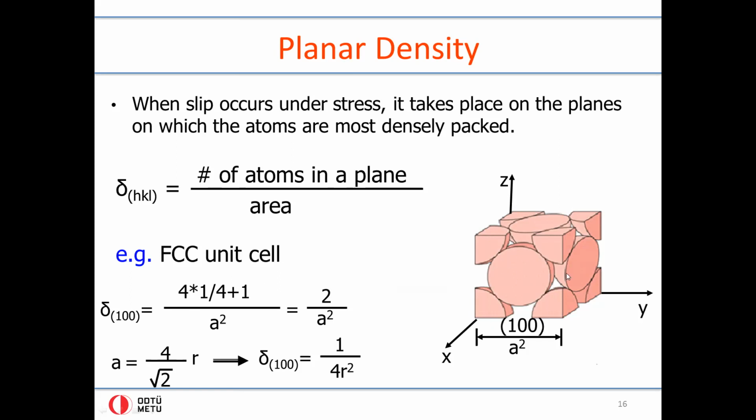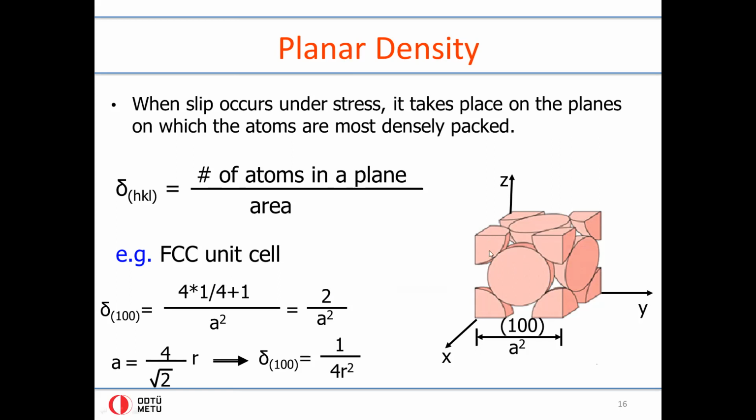So it is this front face of the unit cell in this image, the 1, 0, 0 plane, and the number of atoms is 4 corner atoms, 4 times 1 over 4, plus 1 face atom, which is 1 times 1, equals 2. You may say, why don't we count this atom as 1 over 8 like we did for atomic packing factor? And the answer is atomic packing factor was 3-dimensional, but a plane is 2-dimensional. So when you count inside a plane or inside an area, you have to be counting in 2 dimensions.